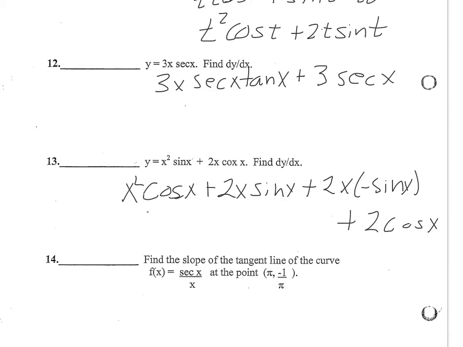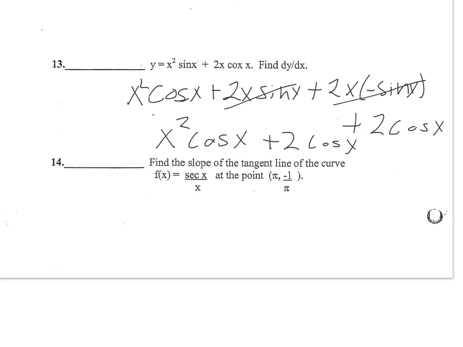Okay. Alright, now that is going to cancel that, so my answer should just be x squared cosine x plus 2 cosine x. That actually cleans up pretty nice.